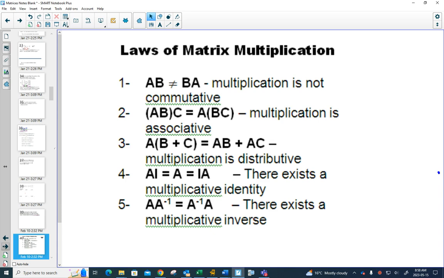However, here's another new word for you, associative. If you're multiplying three things, you could choose to do the A times B first, or you could choose to do the B times C first, and it comes out to be the same number. So when you're multiplying three things, which two you do first, that doesn't matter. You can distribute with matrices.